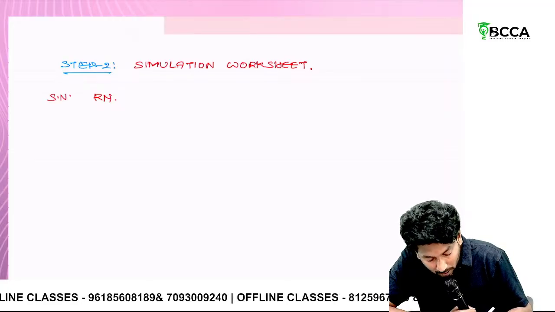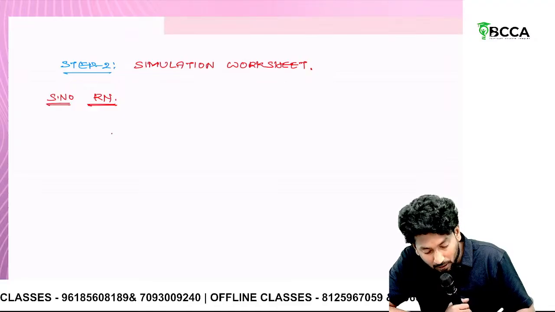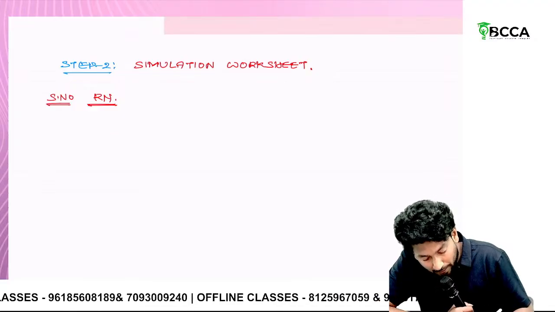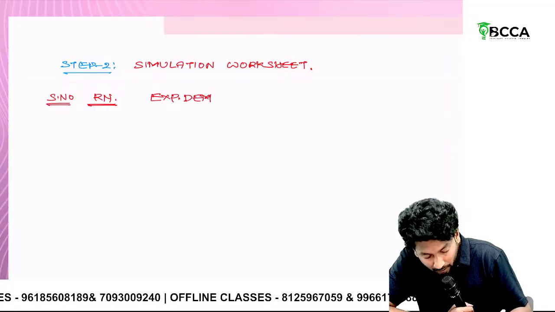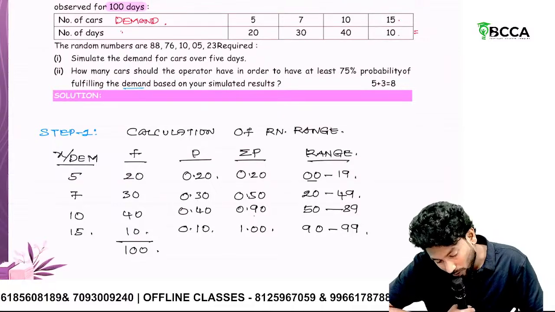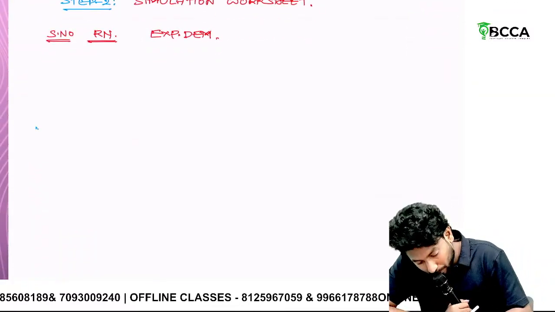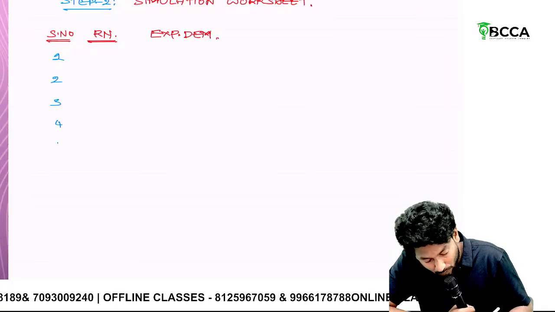Take serial number also, sometimes needed. Serial number, random numbers, expected demand. How many random numbers are given, sir? 5 random numbers are given. Take 5 series: 1, 2, 3, 4, 5.